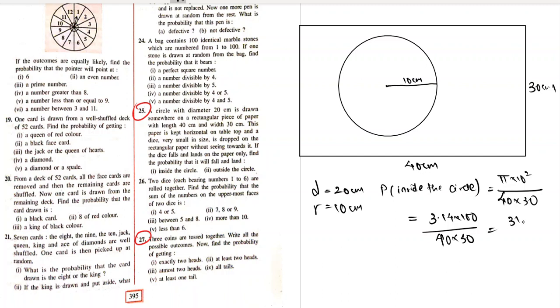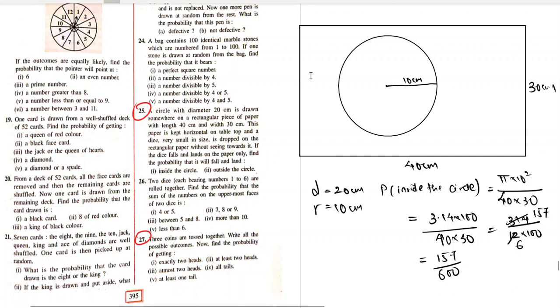So that is 314 upon 40 into 30. That is 4 3s are 12 into 100. Right? Let's find out in simple forms. So if you simplify this, you get 157 over here, and here you get 6. So 157 by 600. That's the probability of falling the dice inside the circle.